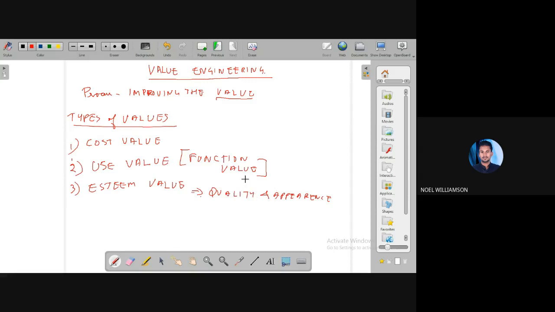Esteem value. If a particular product has a good appearance, then it will have some esteem value.